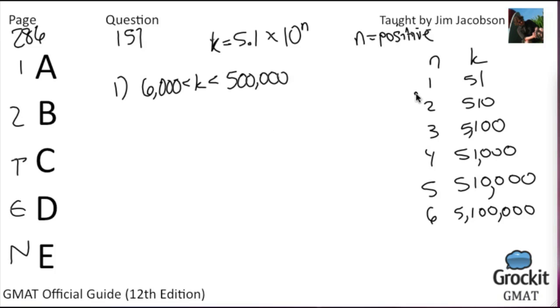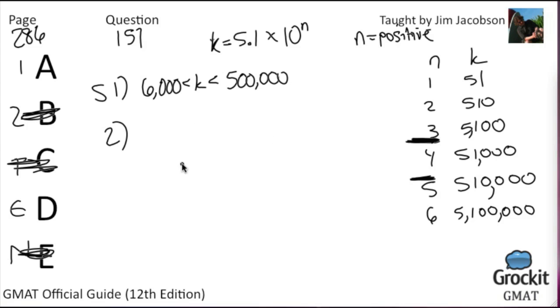K is greater than 6,000, so that rules out this number, anything below this. And it's also less than 500,000, which rules out the 510,000 value. So here, clearly, k equals 51,000, because that's the only positive integer value for n that gives you a value for k in the range specified. So here, k equals 51,000 because n is 4. Statement 1 is sufficient. It's not B, C, or E.